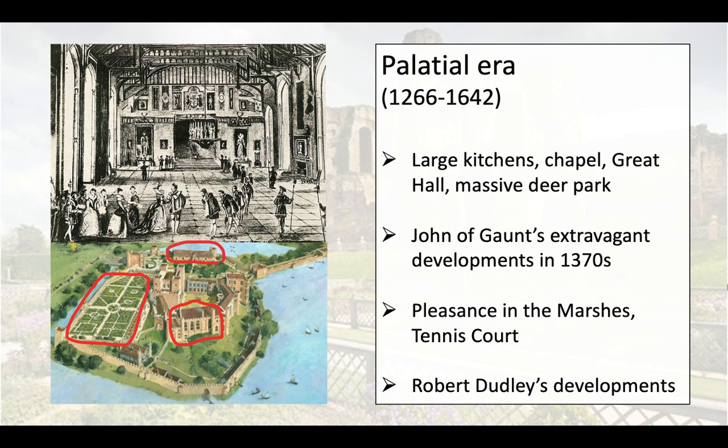We have a big stable developed in the back there. We have Leicester's Building. So lots of changes within the palatial era over time as ownership changes, as people have different purposes and uses for the castle, and different levels of money and fashion and all that kind of stuff.